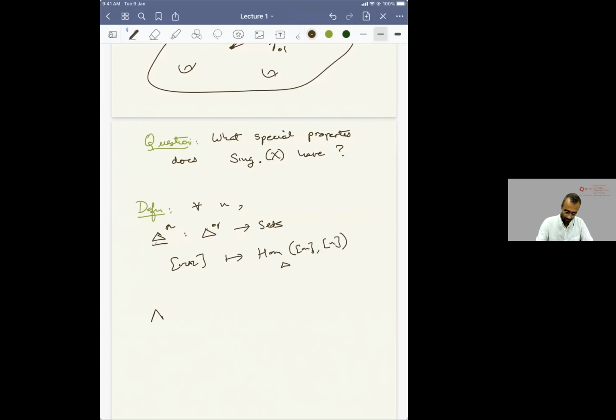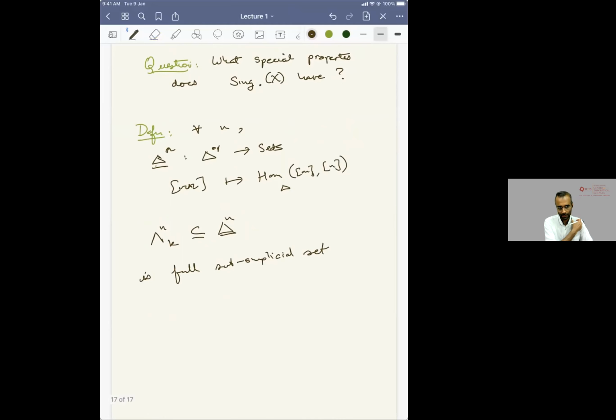the horn, wedge n k, contained in delta n, is the full subsimplicial set, which I'm just going to draw a picture to explain what it is, which is the union of faces not containing k.